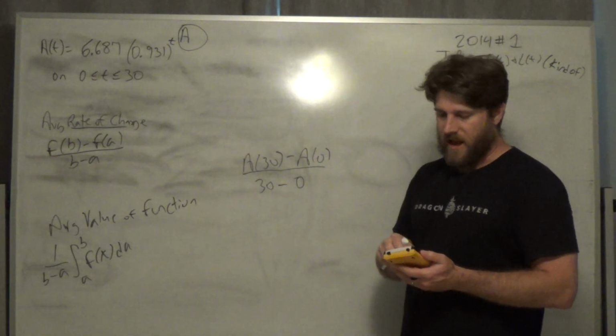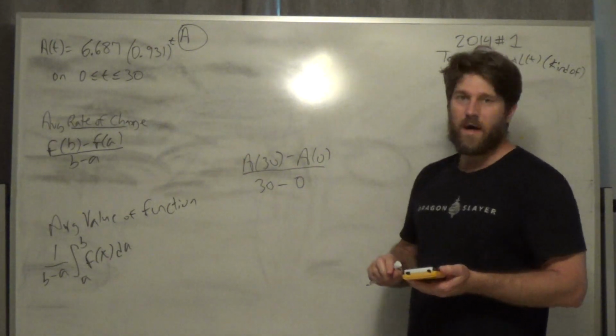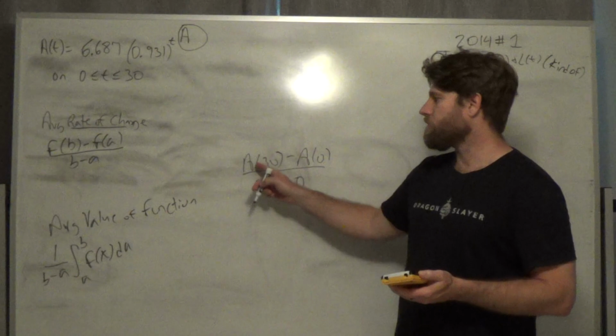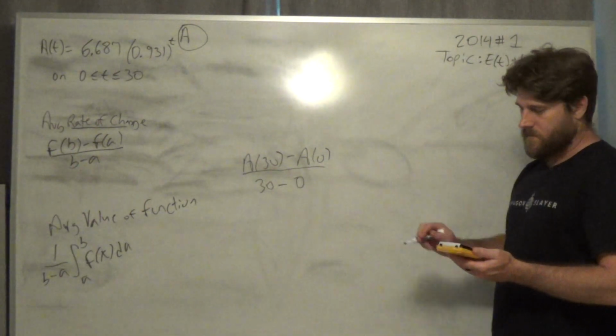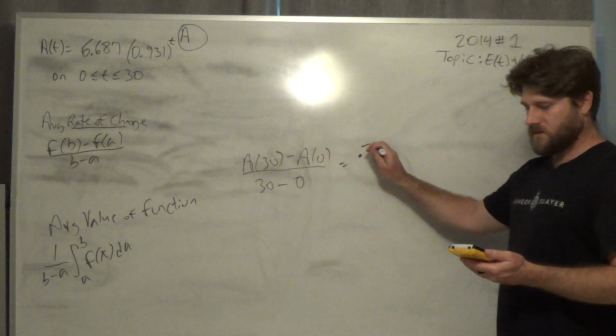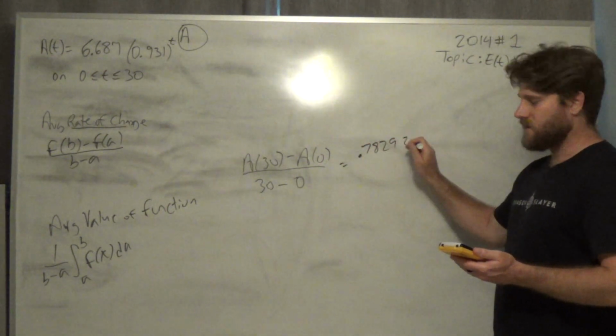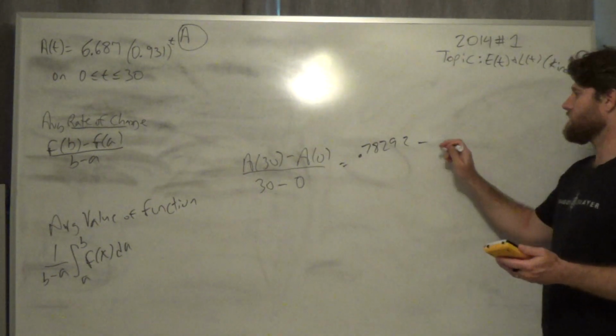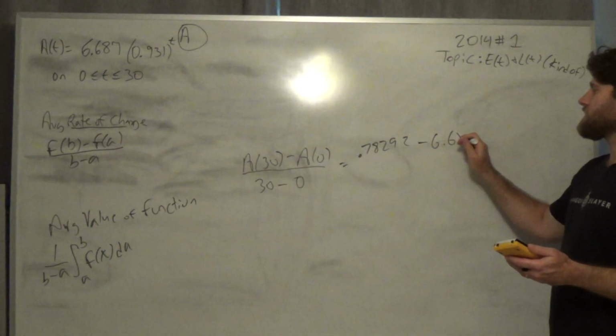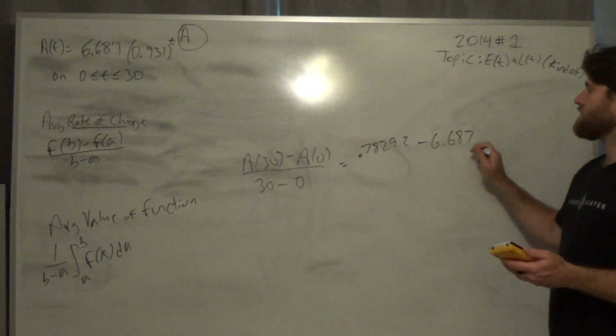If I use alpha trace and I do y1, I can do y1 parentheses 30, I can type this in. So here I have 0.78292. A of 0, if I type that in my calculator, is 6.687.